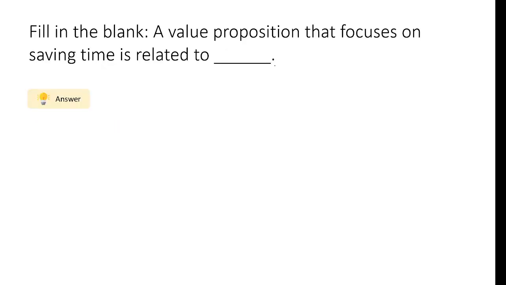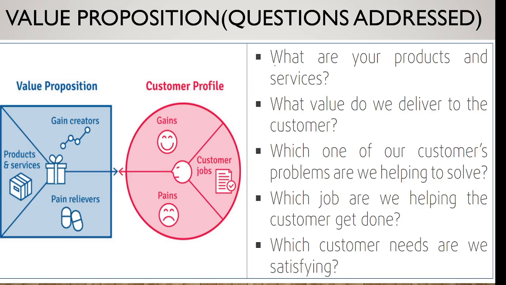We have a question here. Fill in the blank. A value proposition that focuses on saving time is related to convenience. The value proposition or questions addressed, you need to answer some of these questions or all of them. When setting something to be very unique for your products, you need to answer: what are your products and services?